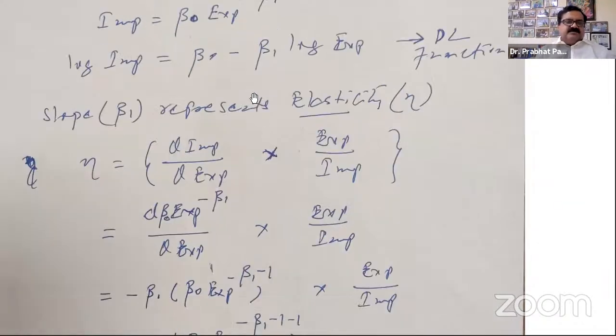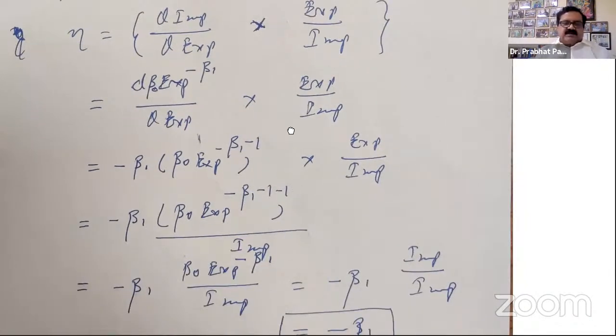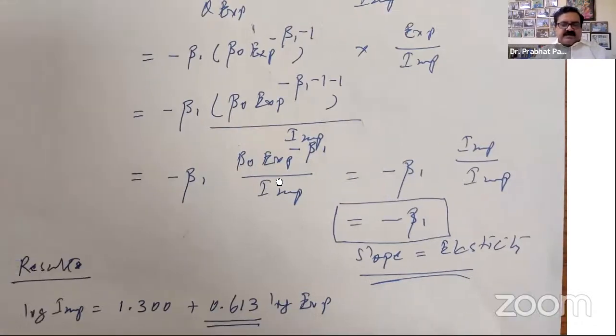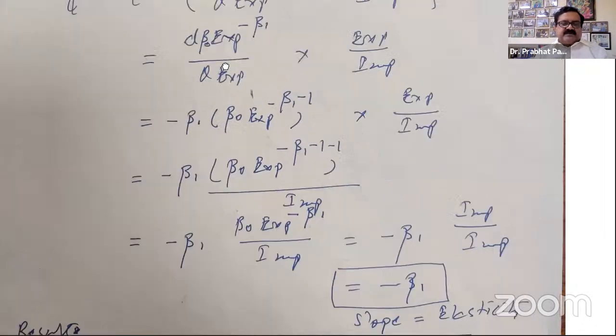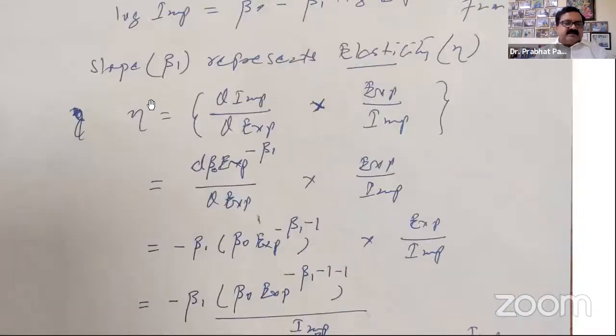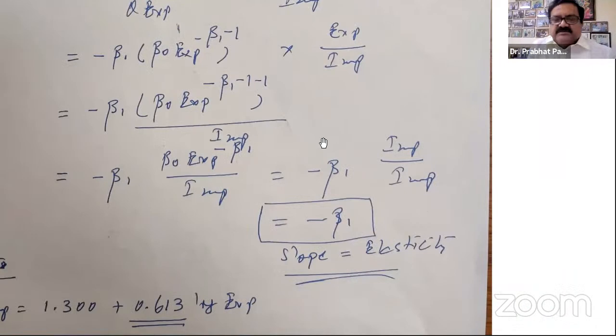And this is the proof that I have given you. This is a mathematical derivation, so I can send you my PPT and you can have a look at how it has been derived. But the proof is about the fact that elasticity measures the responsiveness of change in one variable with respect to the change in another variable. In a linear curve, which is a straight line, the elasticity or the degree of responsiveness varies at different points.